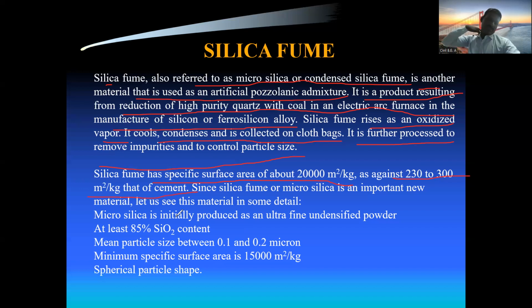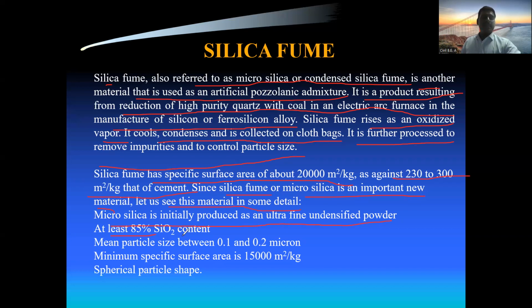That is against the cement properties there. So the silica fume or microsilica is an important new material. Let us see that material in some detail. The microsilica is initially produced as an ultra fine undensified powder.